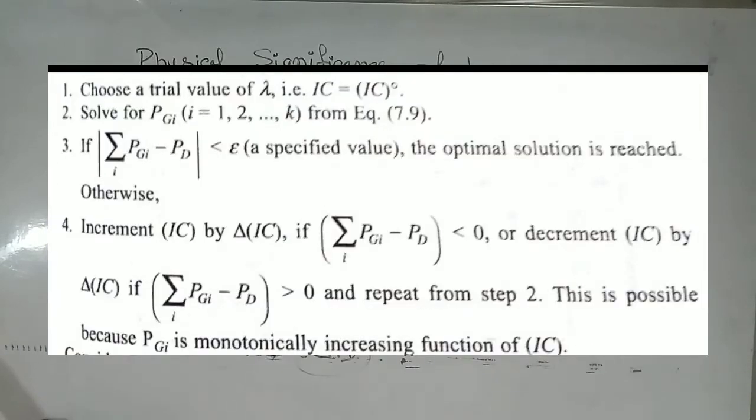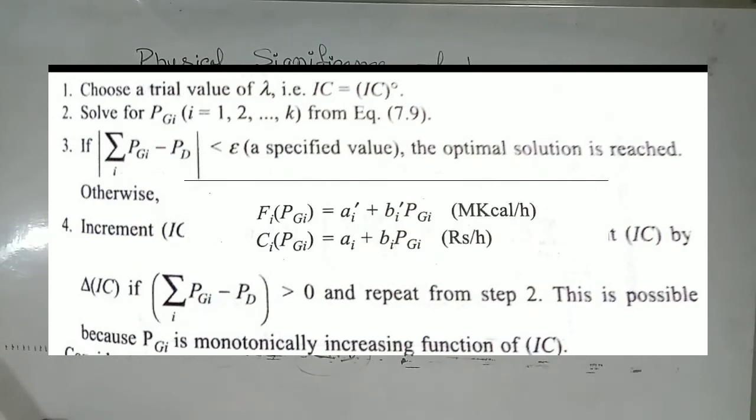Now the steps are: first, choose a trial value of lambda, that is IC equals IC to the power 0, the initial value of the IC. Next, solve for PGi where i equals 1 to k, from the equations Fi equals Ai plus Bi dash into PGi and Ci equals Ai plus Bi into PGi.